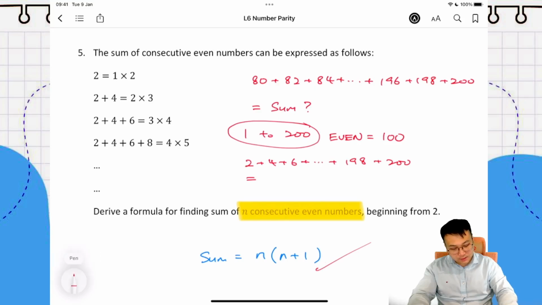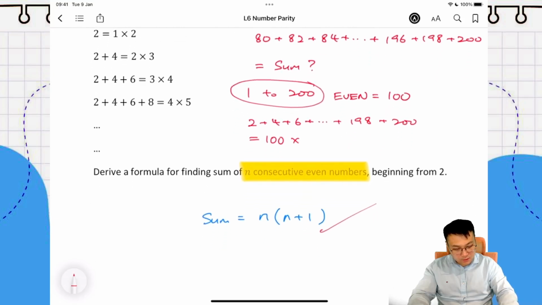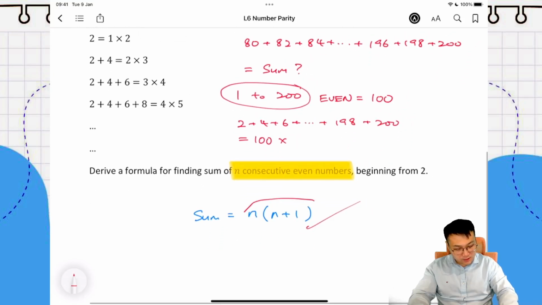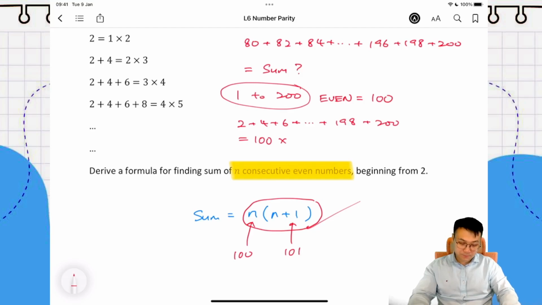So what? 100 times... You don't even have to do that. N is 100. What is n plus 1? 100 times 101. Correct. You can just use this formula.